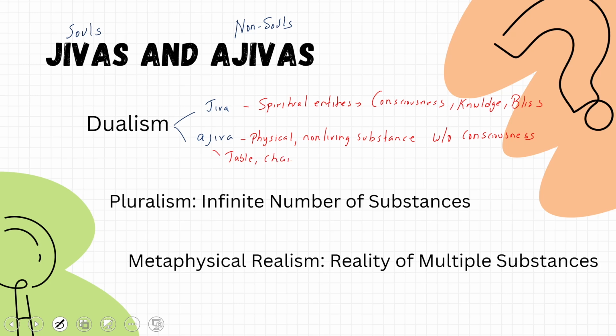Chair, rock, water, etc. Whatever. Tree will come under jiva. When we look at plants, we see that they respond to light, right?